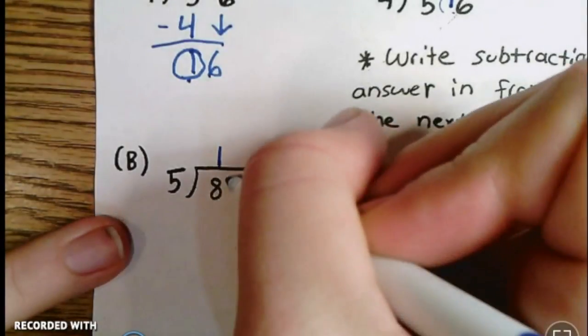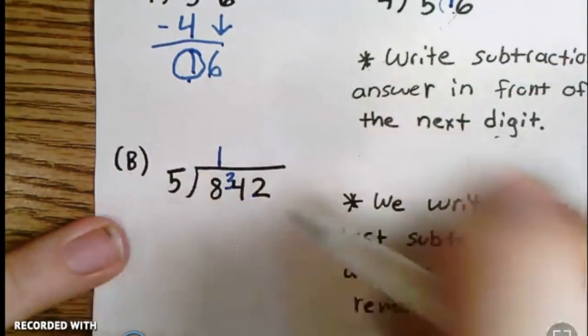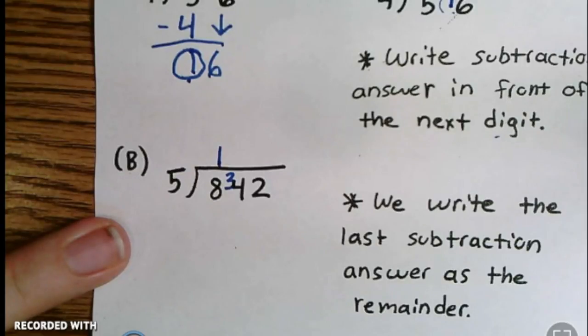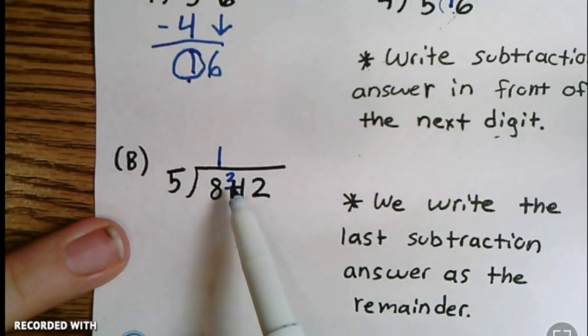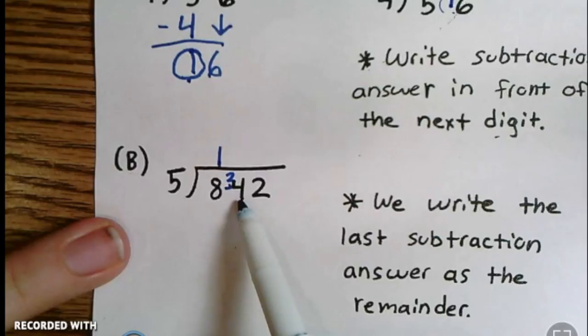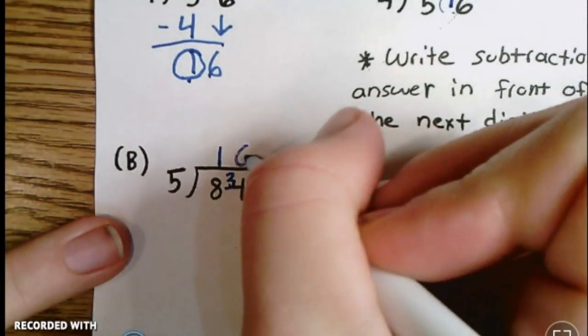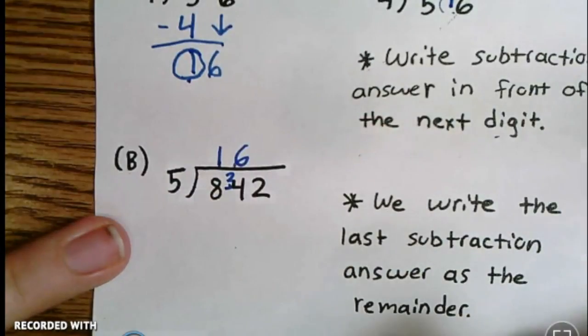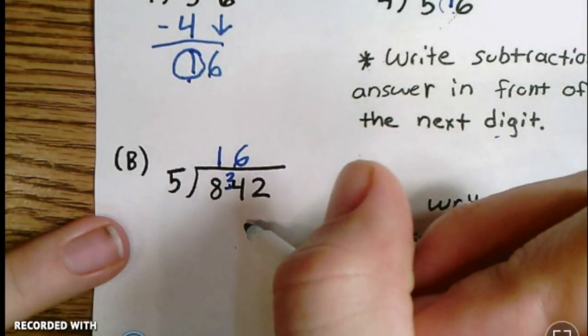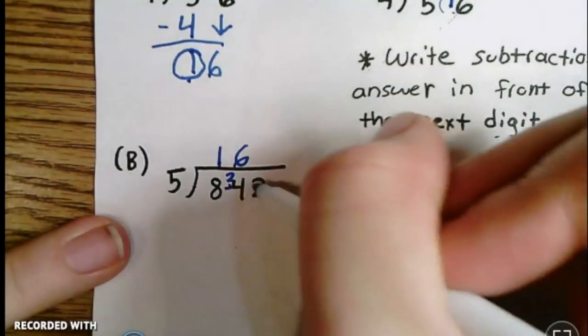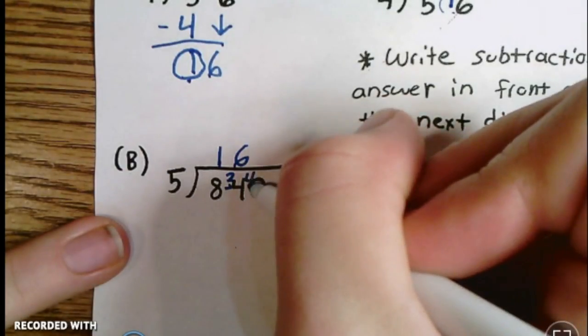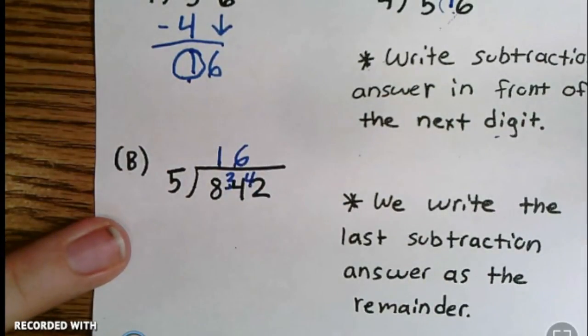And so then I'm going to write my 3 right here next to the 4. And now I'm going to say 5 goes into 34. So 5 goes into 34 6 times. 5 times 6 is 30. 34 minus 30 is 4. And I'm going to write it there.